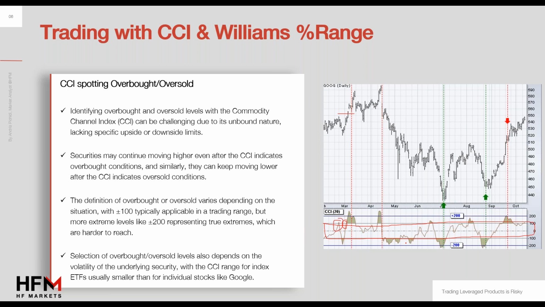So test before using. As you can see in this Google chart, the 200 territory gave us much better signals, overbought conditions, oversold conditions, selling signals and buying signals, rather than the default one of 100.